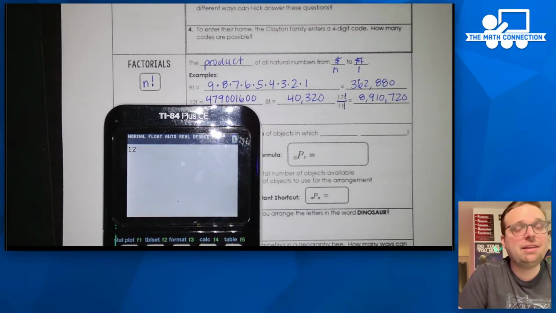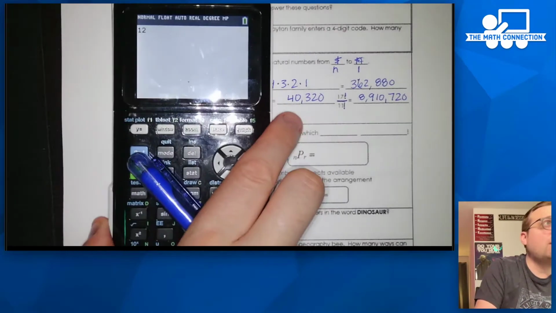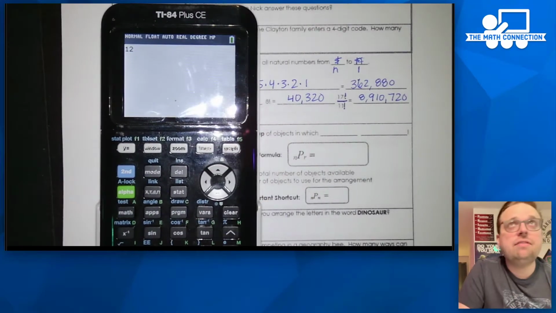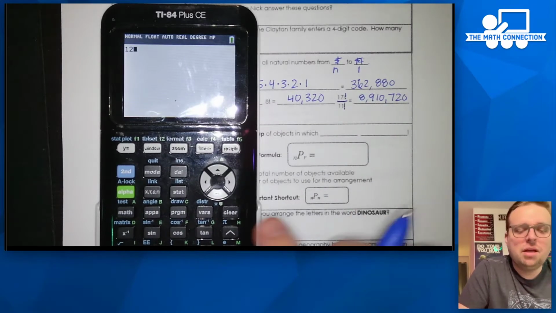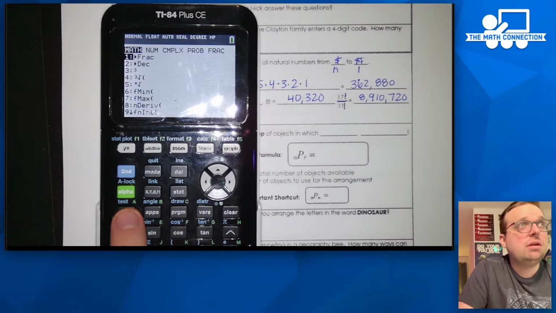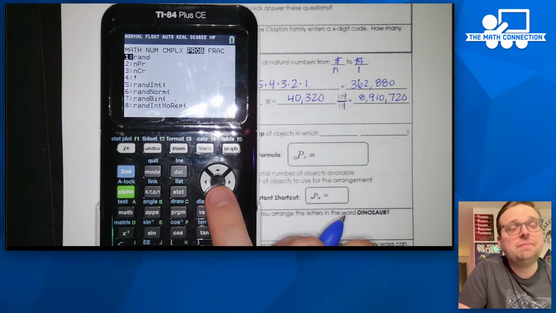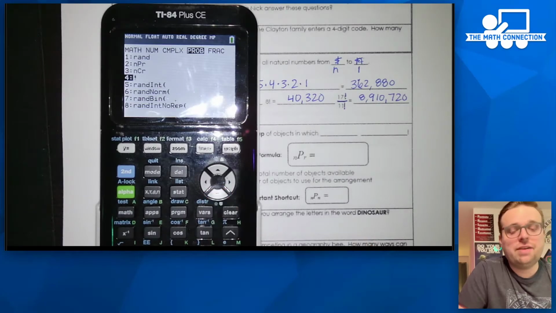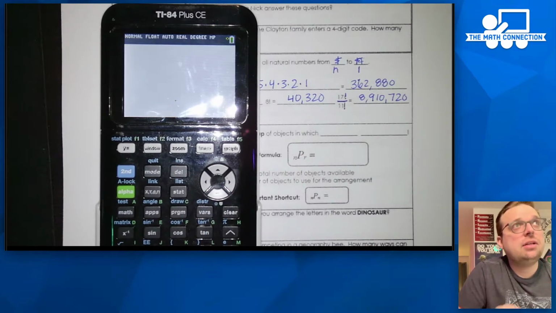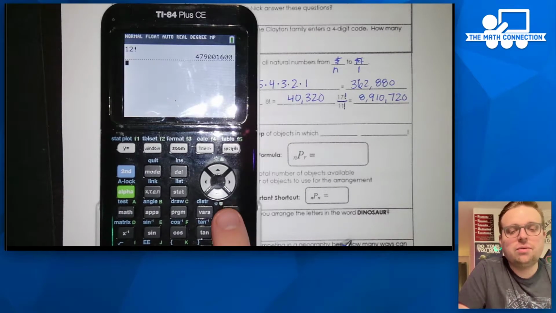And if you have a TI-84 or a TI-84 color, I think even the TI-83s is probably almost exactly the same. You're going to go to the math menu. That's the math button right here. And then you're going to scroll over to where it says prob for probability. And you're going to roll down to the factorial key. And it will calculate that for you. So you don't have to sit here and do 12 times 11 times 10 and so on and so on.